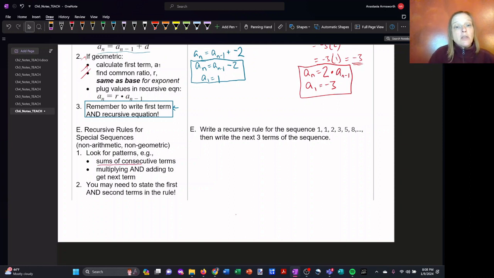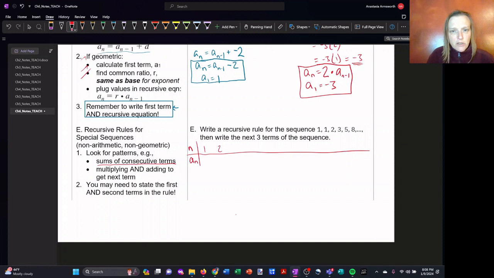Some example patterns to look for. Maybe you're adding consecutive terms and looking for a pattern that way. Or you could maybe be doing a multiplication problem and an addition problem to get to the next term. So for this particular example, what is the pattern? Let me just make a table of different terms in the sequence.